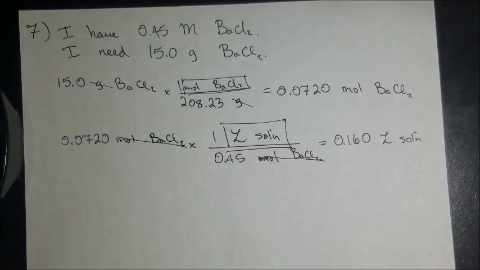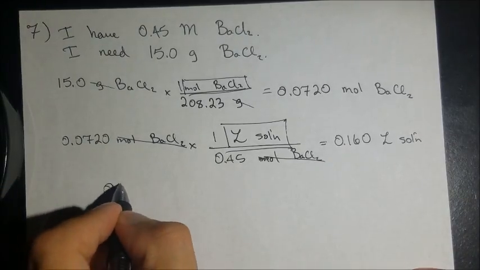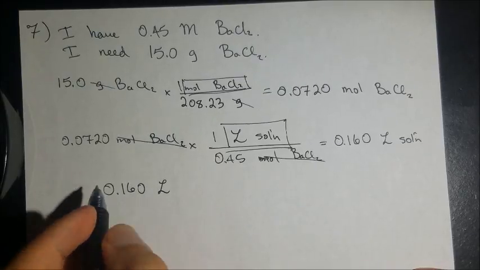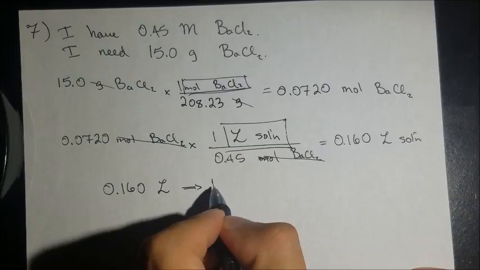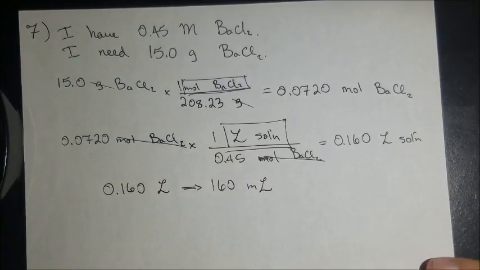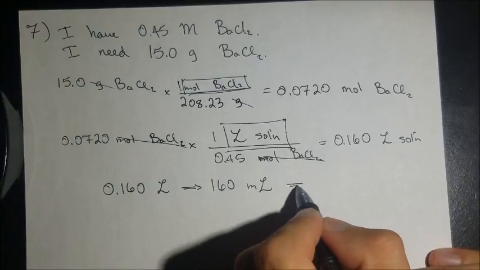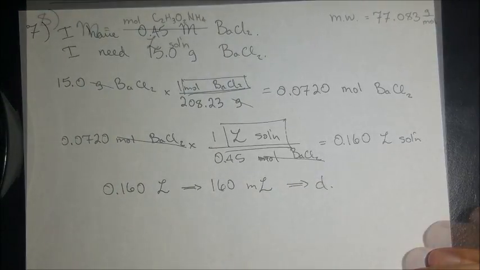The question asks us to express it in milliliters, so we can take this 0.16 liters and convert it into milliliters, which would just make it 160 milliliters, which corresponds to D, which is indeed the correct answer for number 7.